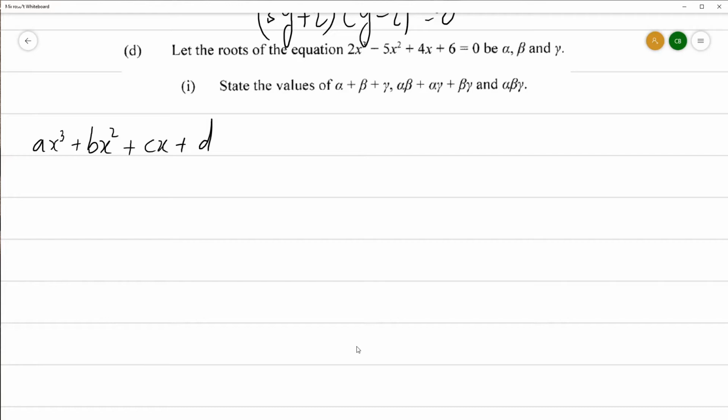If you were to rewrite these coefficients in terms of the roots alpha, beta, and gamma, these coefficients would look like this.